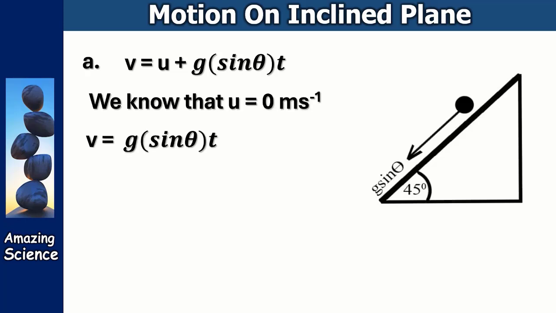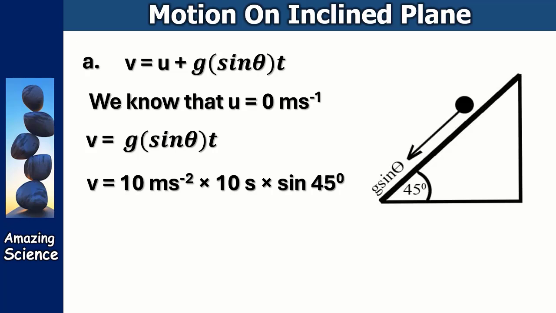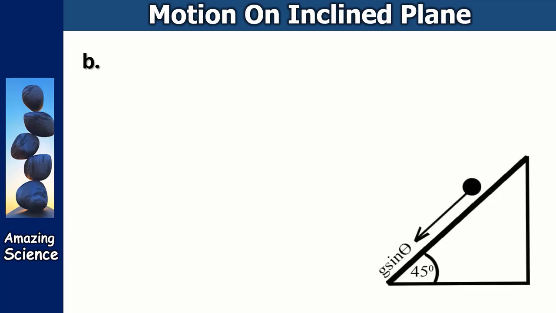By substituting in the figures, we are going to have v is equal to 10 meters per second squared times 10 seconds times sine 45 degrees. When you compute this on our calculators, we are going to have 7.07 meters per second.